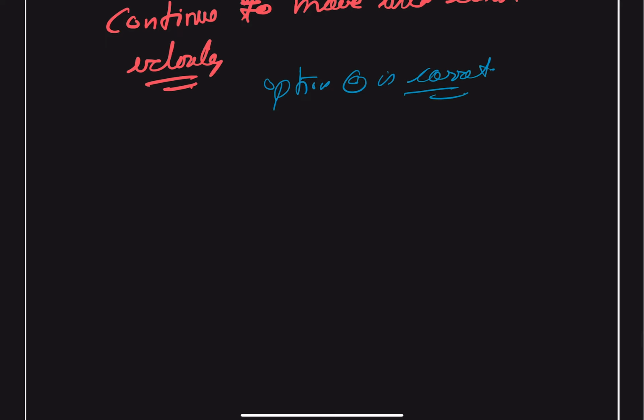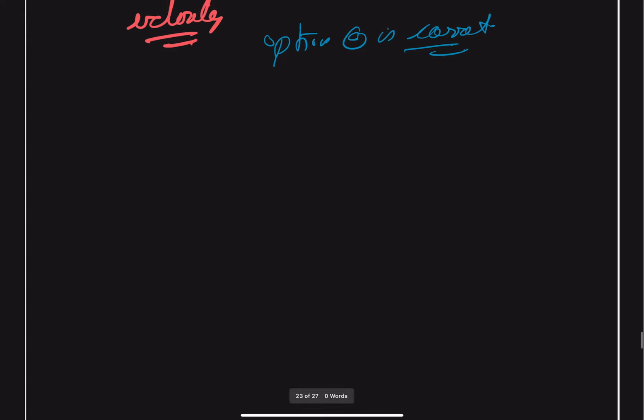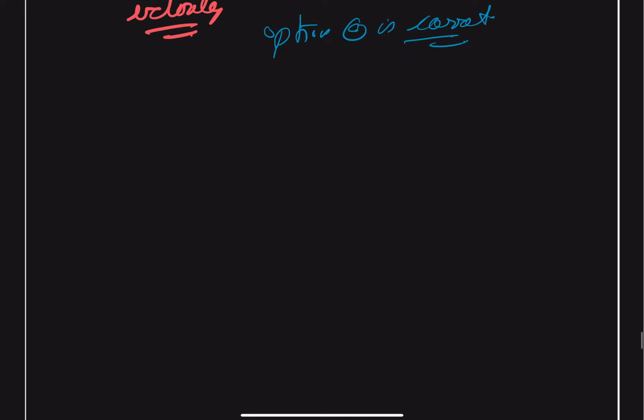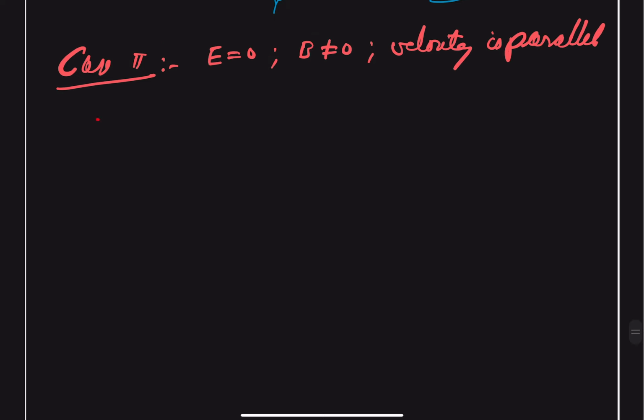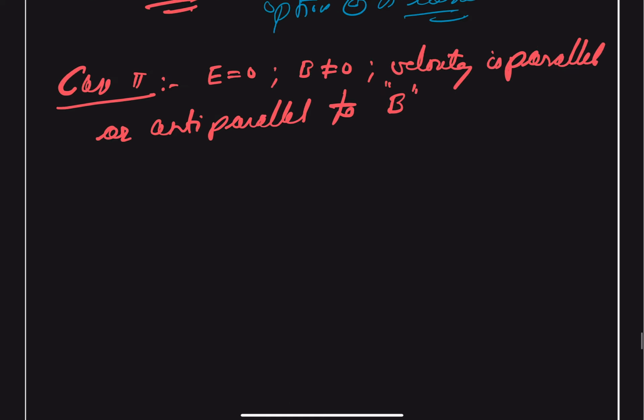Let us see case 2. In this case, electric field is 0 and magnetic field is not 0, but velocity is parallel or anti-parallel to B. So the only force that will be acting will be because of this magnetic field.